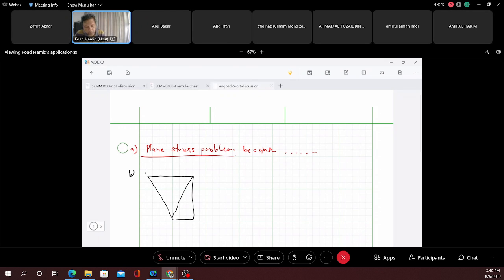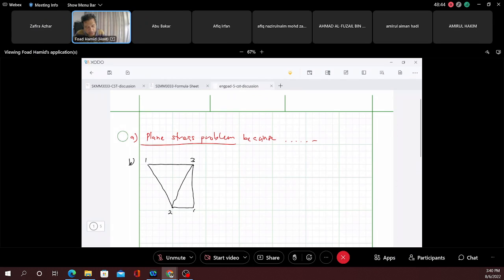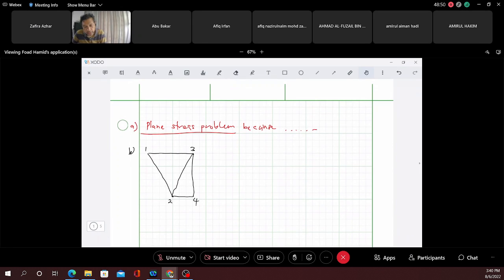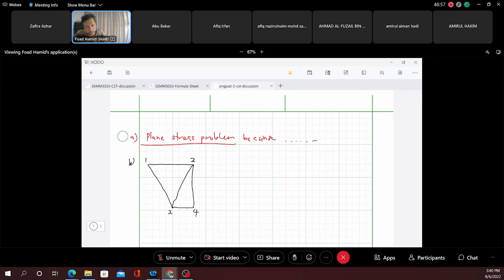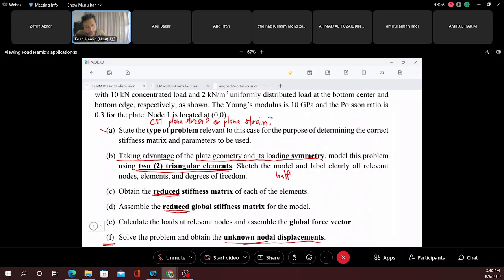Still the same original node numbering. And this is 4. If we draw it, it asks to sketch the model and label clearly all relevant nodes, elements, and degrees of freedom.